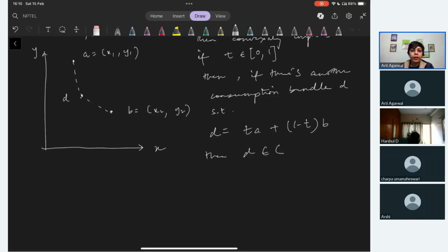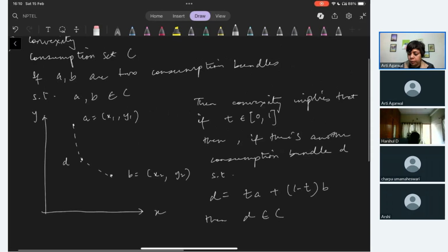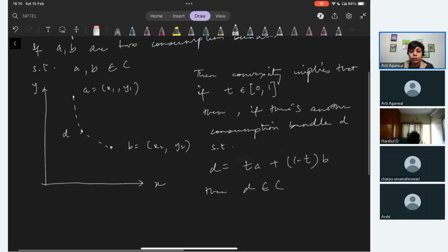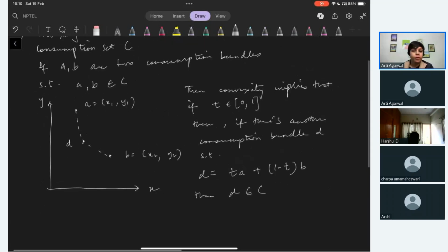What this means for us geometrically is the more important thing here, because I asked which of the following diagrams can possibly be a consumption set. Now, this mathematical analysis is just to give you a recap of what convexity means mathematically.